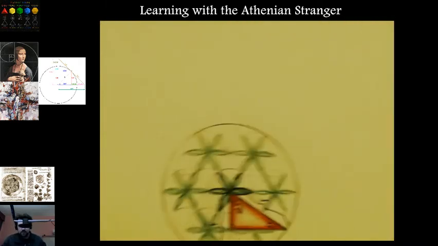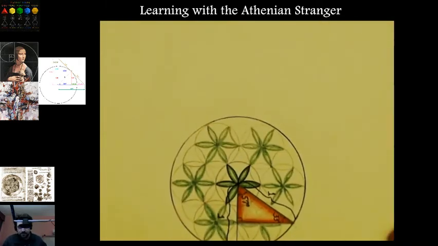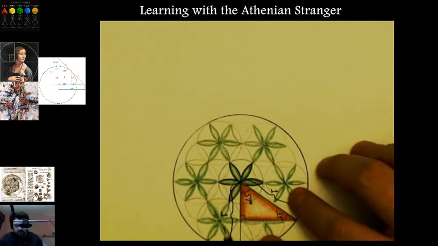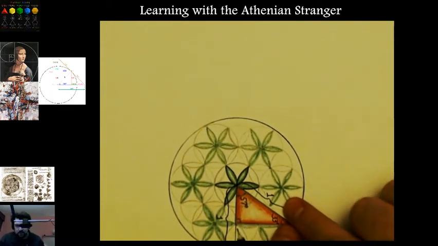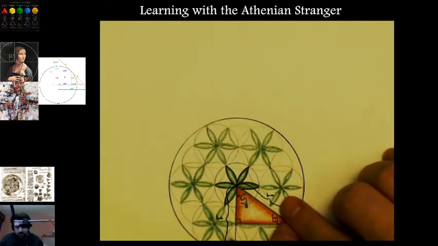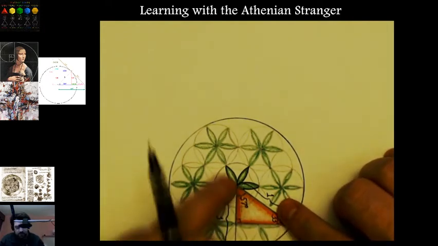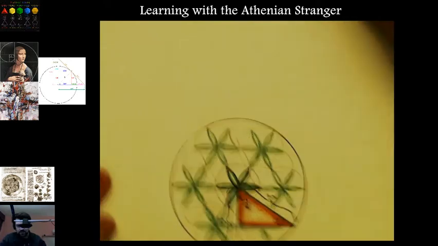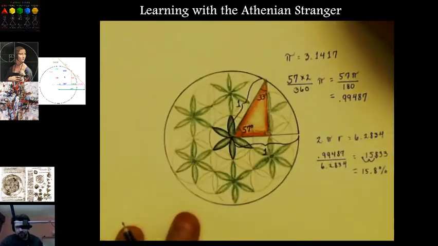I can also observe that right triangles can be flipped and turned and twisted, and that since the internal angles must add up to 180, this angle over here is 33 degrees, and that the sine of 33 is that same distance. So it doesn't matter how I look at it.